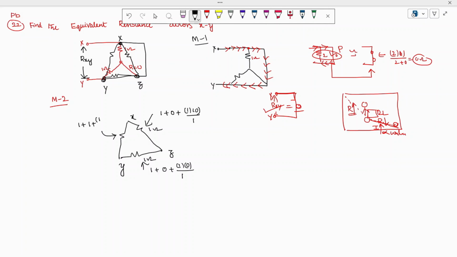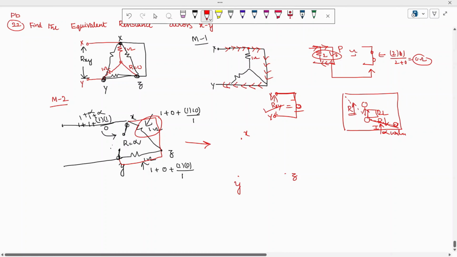When you start resolving this again, you can see that this short circuit and resistor are in parallel, as I already told. This is X, this is Z, this is Y. A short circuit in parallel with a resistor is equal to 0 ohm, so the current will not flow in this branch; it will flow only in the short circuit. That's why we have got a short circuit.